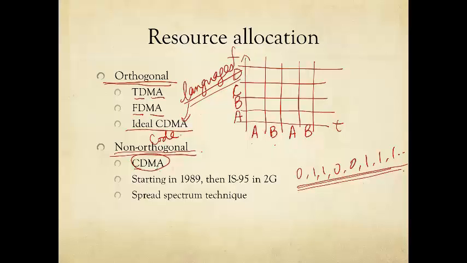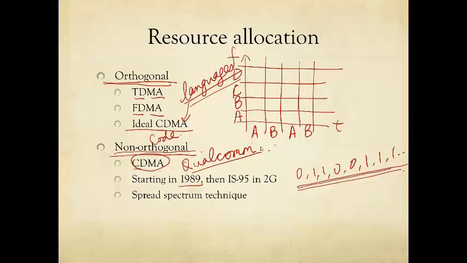This doesn't sound like a very attractive idea at the beginning, but as history showed, it turned into an extremely successful technology. It started by a company called Qualcomm, which has since become one of the pioneers of many wireless technology innovations.